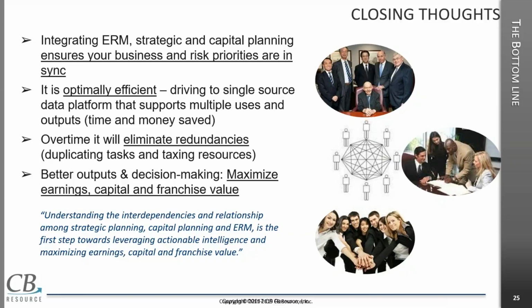And over time, doesn't it even make for some optimal result in terms of efficiencies and perhaps even savings? And in the end, if you're integrating these two disciplines as opposed to working them from a functional silo perspective, integrated, they do move you more towards maximizing your earnings, capital, and franchise value.